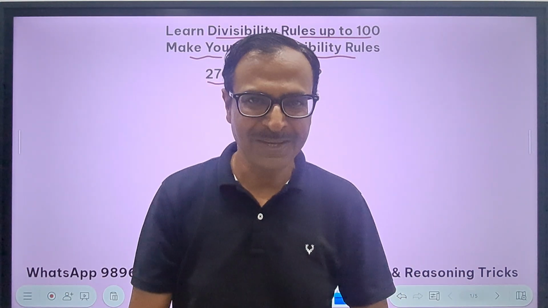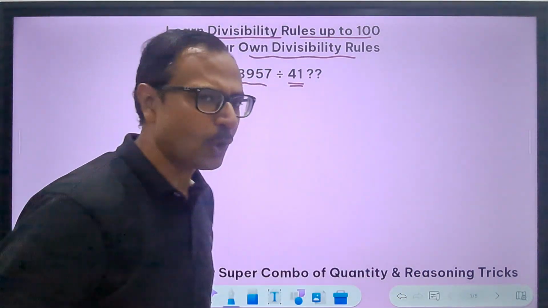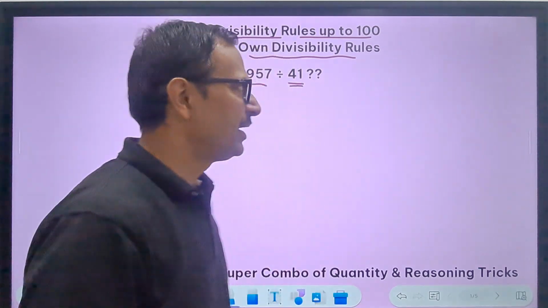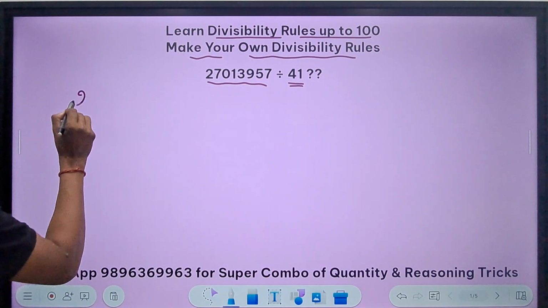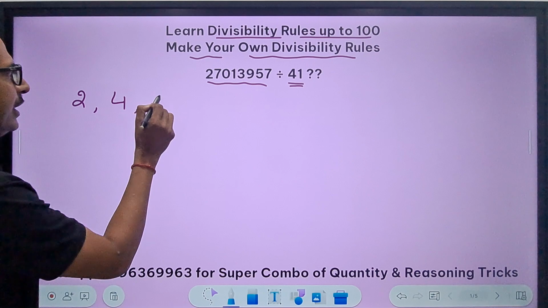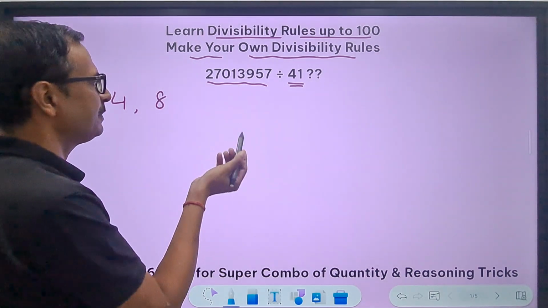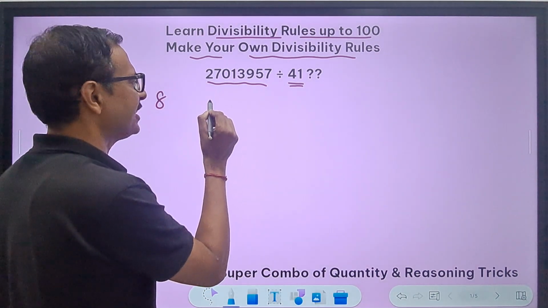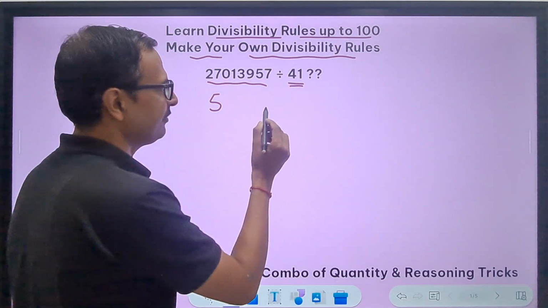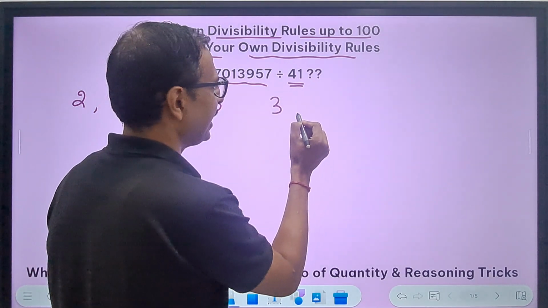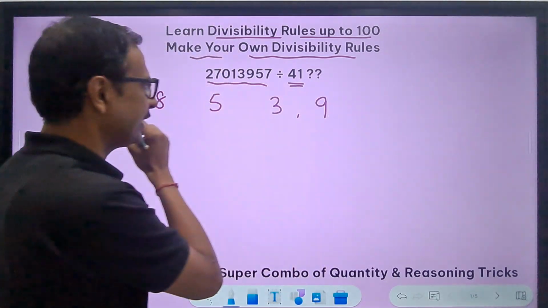So what are the divisibility rules which are taught at school level? You must be knowing the divisibility rules of 2, 4, 8. And then the divisibility rule of 5, that's pretty easy. And then we have the divisibility rules of 3 and 9, they go together.